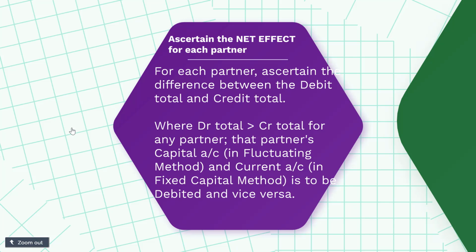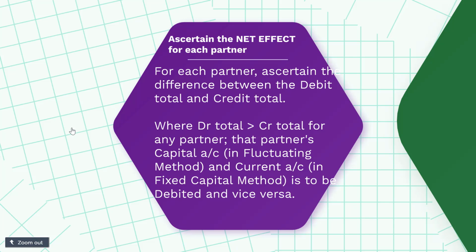Now, in case the debit total is greater than the credit total for any partner, that partner's capital account in fluctuating method and current account in fixed capital method is to be debited and vice versa.